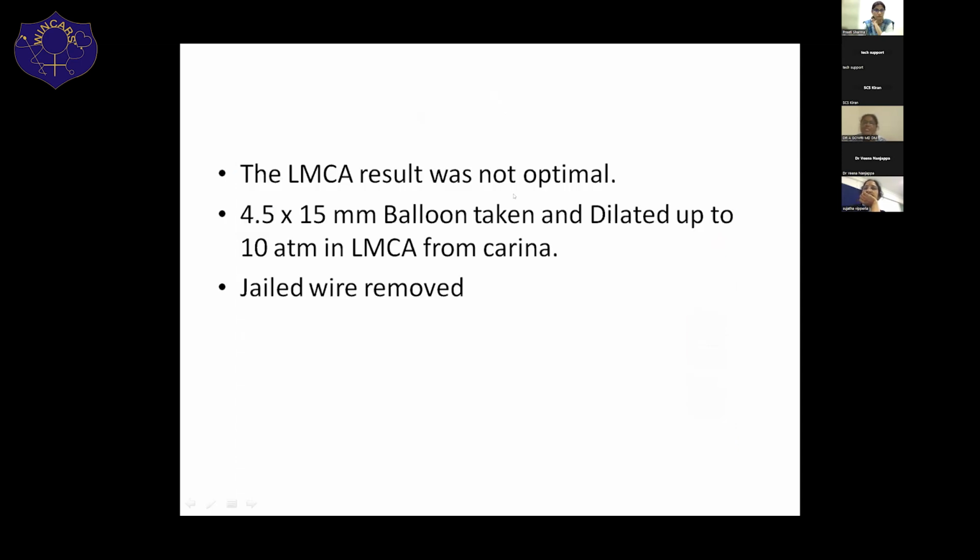The LMCA result was not optimal according to the IVUS. So we dilated it with a 4x15 mm balloon from the ostium, up to 10 atmospheres, from the LMCA ostium to the shaft.